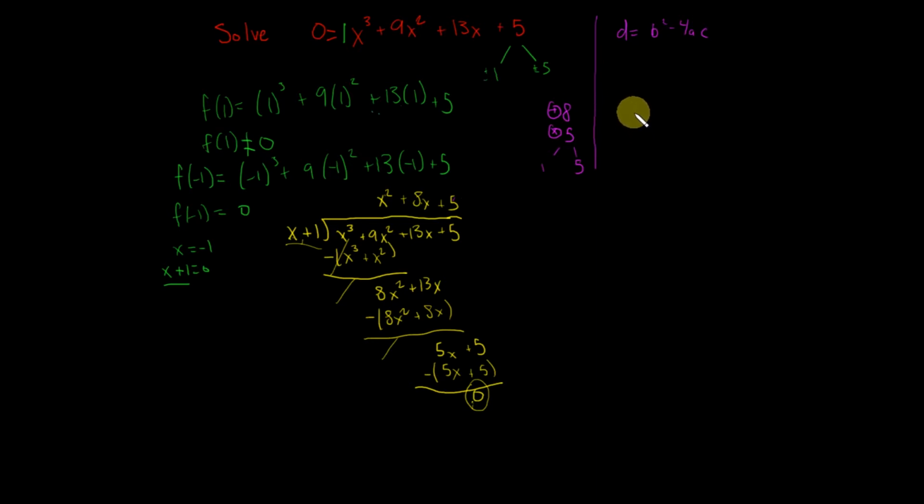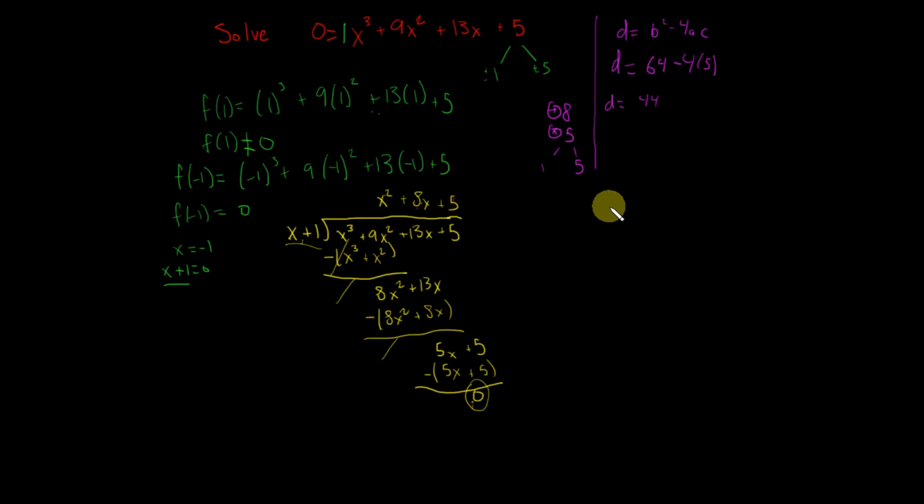You can't solve that. So D equals, our b value is 8. So 64, because 8 squared, minus 4 times 1, and then C is going to be 5. So 64 minus 20, that's going to be 44. So this is a positive number, so there are 2 real roots.